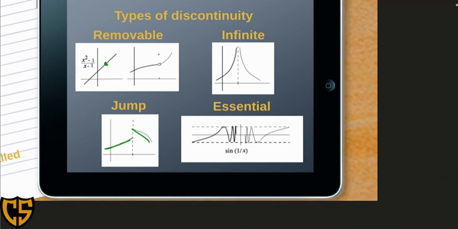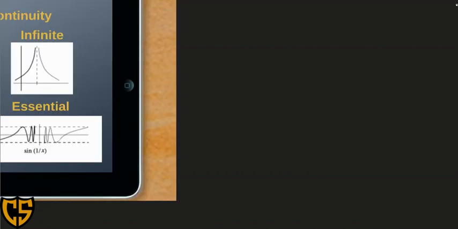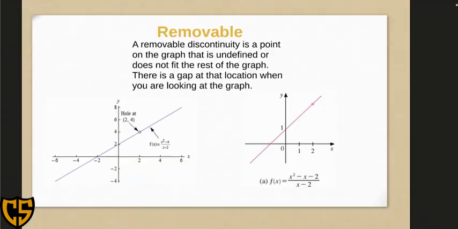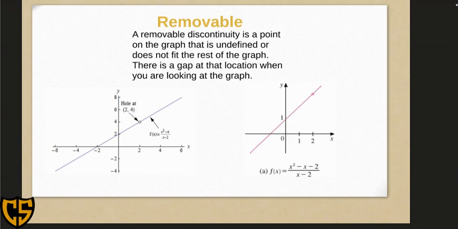So we are going to have these types of discontinuities. First, we have removable discontinuity. A removable discontinuity is a point on the graph that is undefined or does not fit the rest of the graph. So there is a gap at that location when you are looking at the graph. So you have a hole. How does it happen? You have a hole in our equation if our function will be discontinuous at that part.